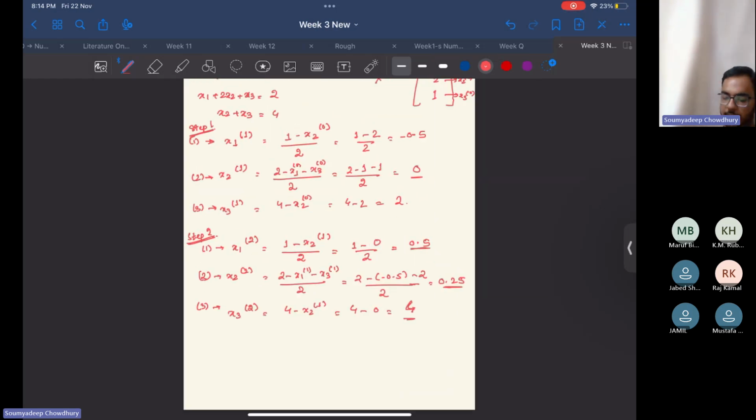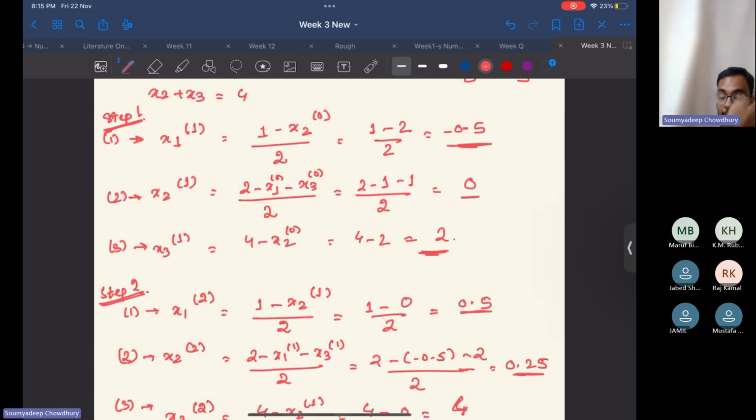So now, how many iterations do we need to continue? At every step you have to see the value of x1. In the first step it is minus 0.5, in the second step it changed to 0.5. So there is a huge deviation. The value of x2 is 0 in the first step, and in the second step it is 0.25.